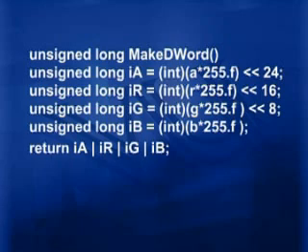So r times 255 float, again bit shifted by 16 bits. Green component, integer value of g times 255 float, bit shifted by 8 bits, and for blue component finally we have the integer value of b multiplied by 255 float, and all that this function would be returning would be ia, ir, ig, ib, all the 4 concatenated together.